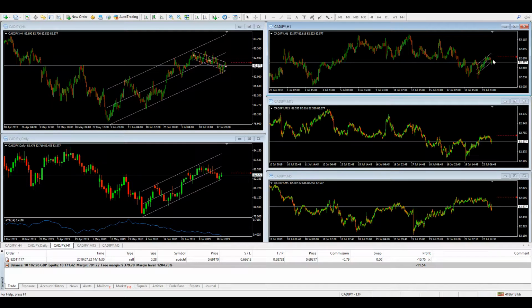So either on the daily, on the hourly or the 15-minute, you could be considering that. But it still needs to break that level for me to make that viable.